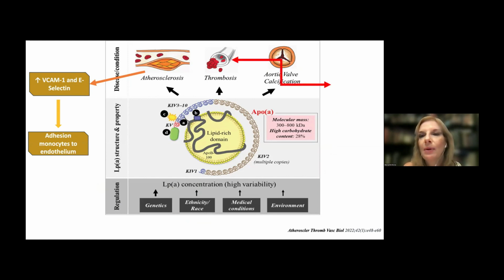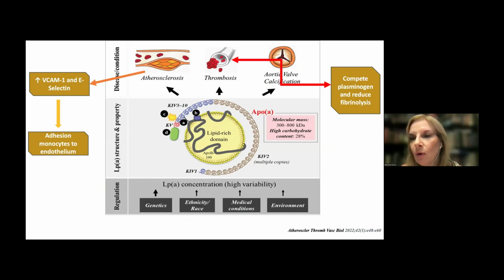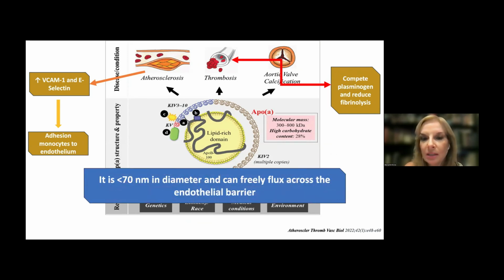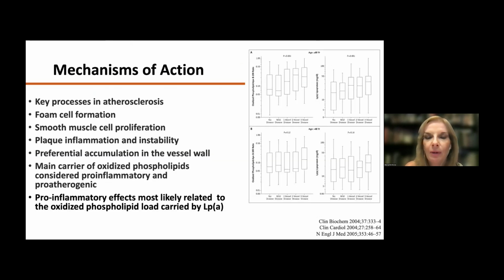It is also implicated in thrombosis, because it might compete with plasminogen and reduce fibrinolysis. One important characteristic of this particle is that it is very small in diameter and can freely flux across the endothelial barrier and be retained by the endothelium, and furthermore change the normal structure of the endothelial layer.